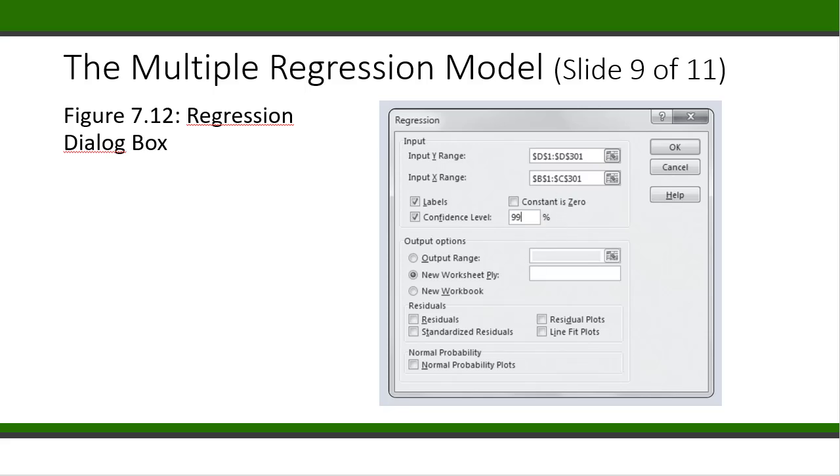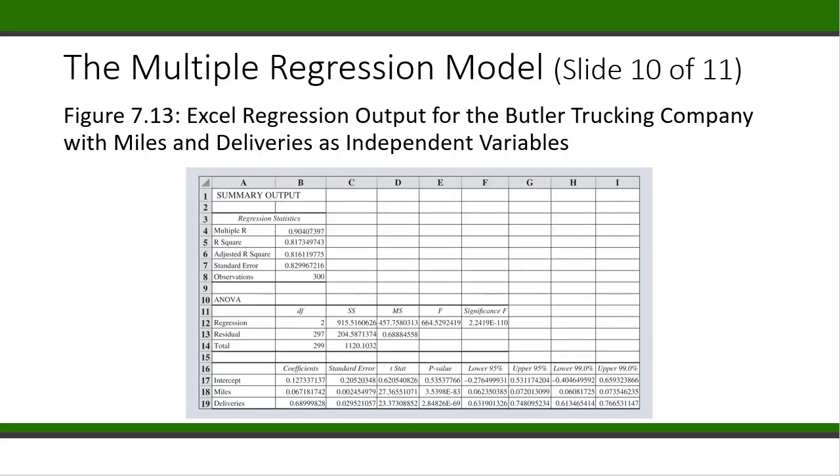So just make sure you set it up for that. And that will generate something like the following. Notice that this is different than what I just showed you for one variable.